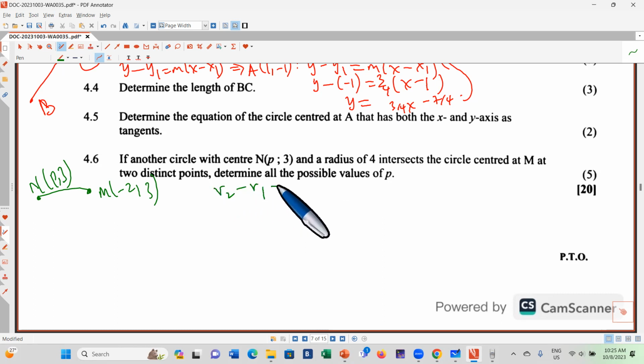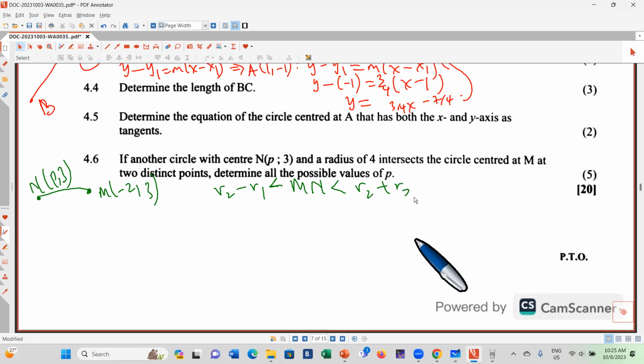R2 minus R1. What is MN? Okay, so we're going to say R2 minus R1 is less than MN, the distance between N and M. It is less than R2 plus R1.